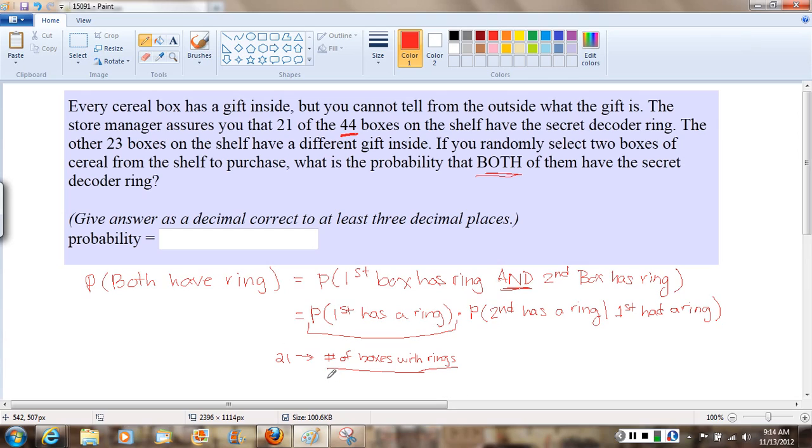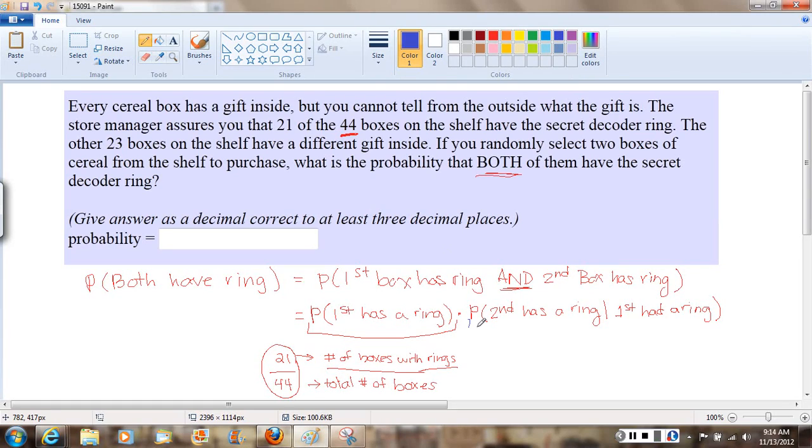My denominator is the total number of boxes. And the total number of boxes here, and I'm picking that first one, is 44. So the probability that I get a box with a ring, the first box I pick, is 21 out of 44.